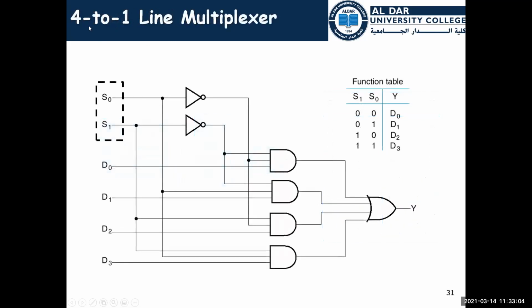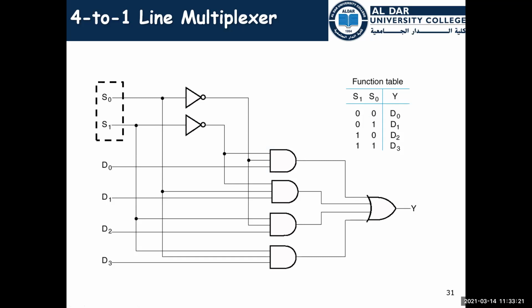Here we call it a 4 to 1 multiplexer. We have 4 inputs and only 1 output. The selection lines here will select which gate will be enabled.